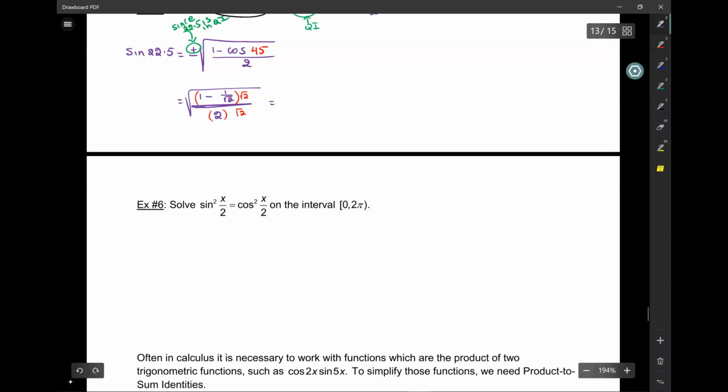I think it'll be easier if you write it as root 2 over 2 because then you can just... You're still going to have to multiply everything, okay? So now, if I distribute the root 2 here, I have root 2 times 1 minus 1 all over 2 root 2, right?